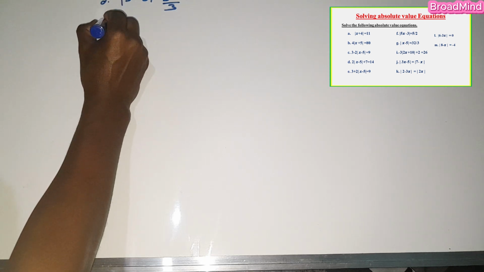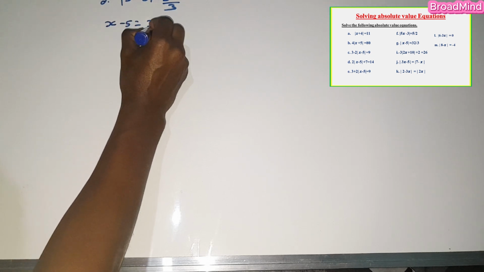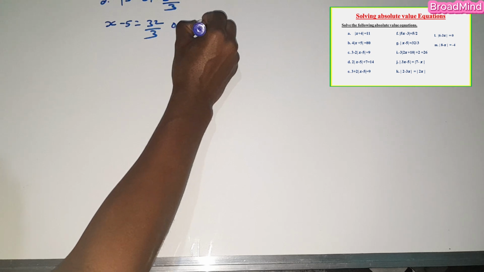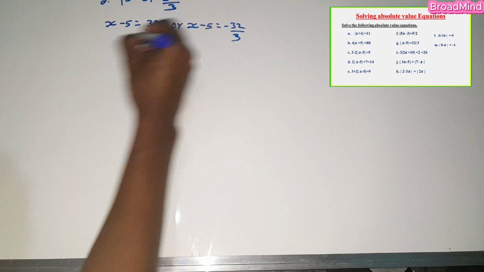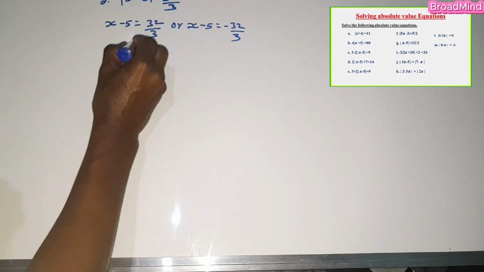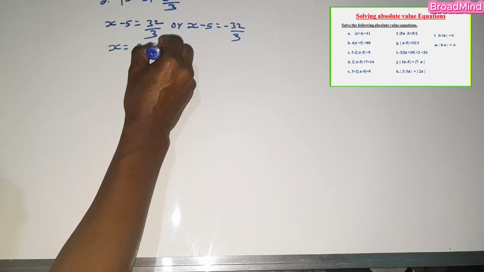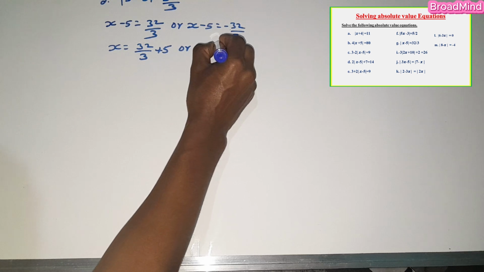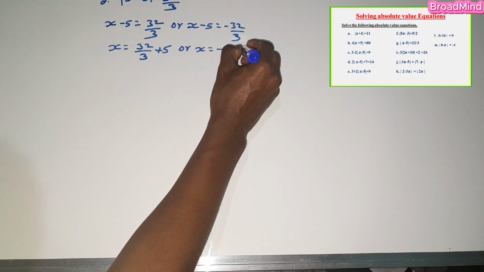Okay, then x minus 5 is equal to 32 over 3 or x minus 5 is equal to negative 32 over 3. Then x is equal to 32 over 3 plus 5 or x is equal to negative 32 over 3 plus 5.